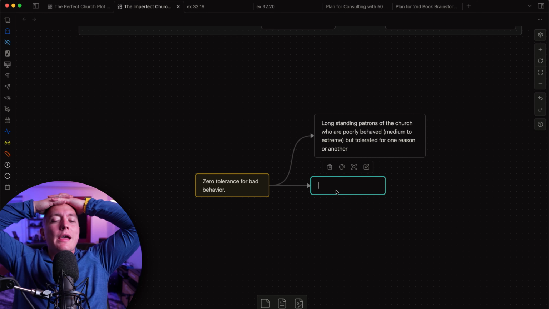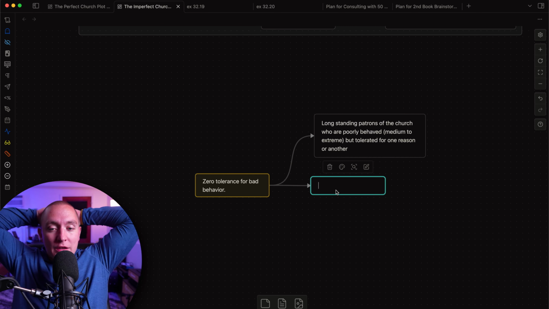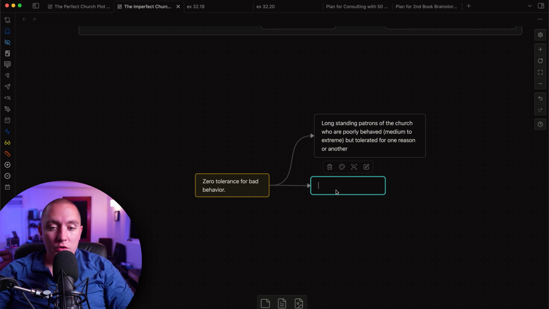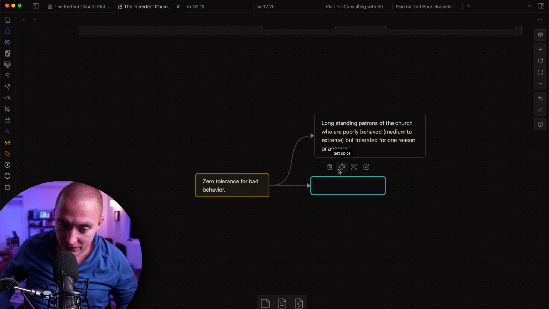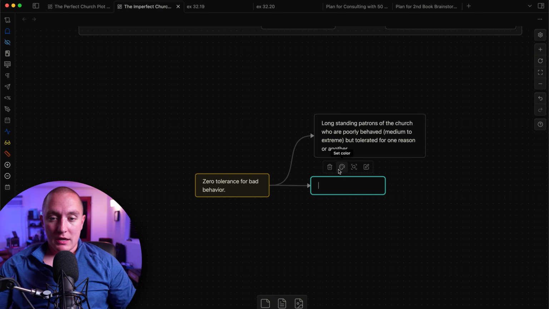It might even be like in a youth group environment. Maybe the youth pastor tolerates really bad behavior out of his students. Maybe students are able to sleep around with one another, and the pastors find out about that and they don't really do anything about that. That would be an example.